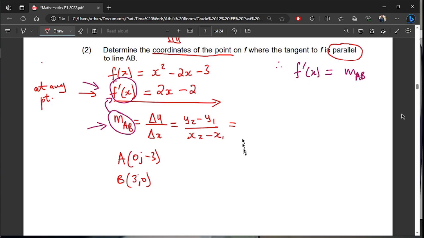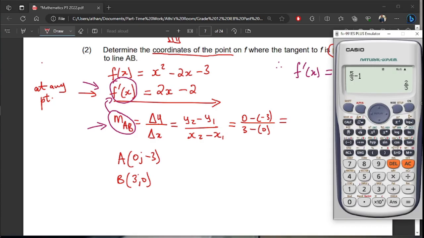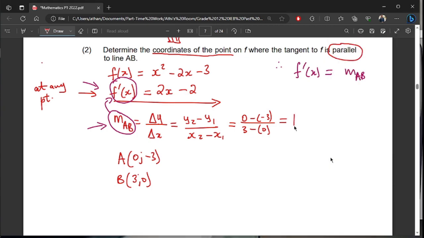Now let us find the gradient of AB: 0 minus negative 3, all divided by 3 minus 0, which is 1. So the gradient of AB is equal to 1.